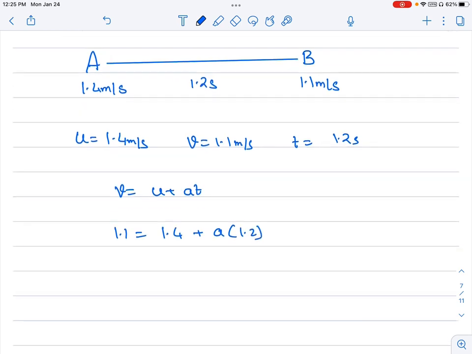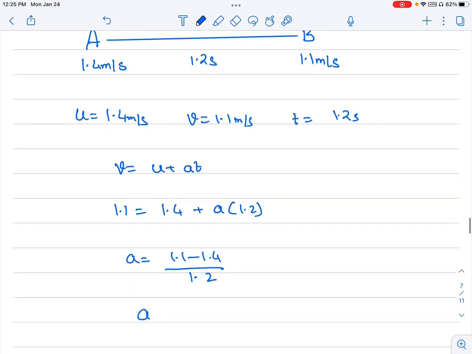So a will be equal to (1.1 minus 1.4) divided by 1.2. I take the calculator. So acceleration is minus 0.25, or the deceleration is 0.25 meter per second square.